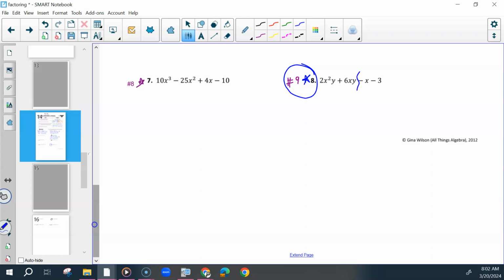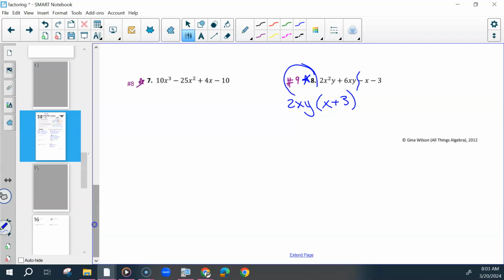So if we split this down the middle, what do the first two have in common? 2xy. 2, x, and y, all three of those things. We're dividing by 2xy. What's left? x plus 3. Okay. And what could we divide out of the last two? The negative 1.